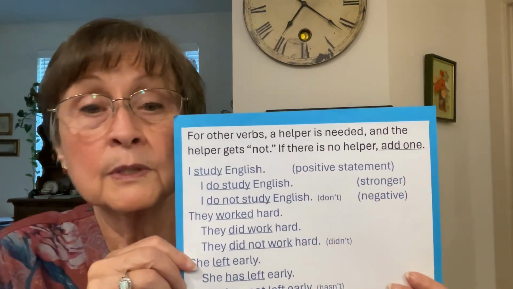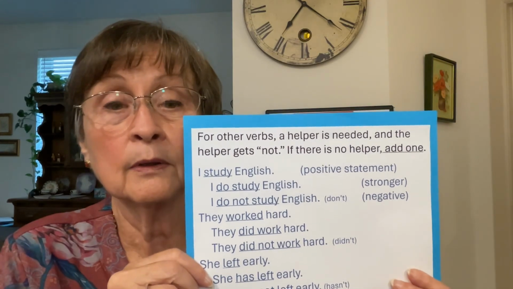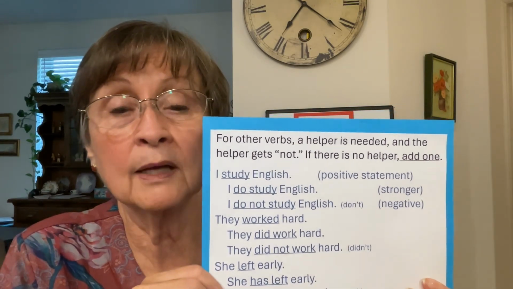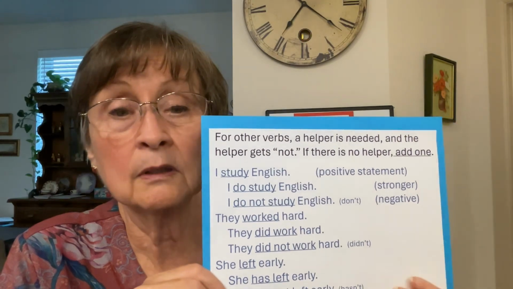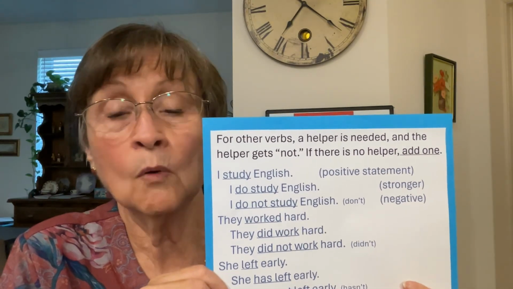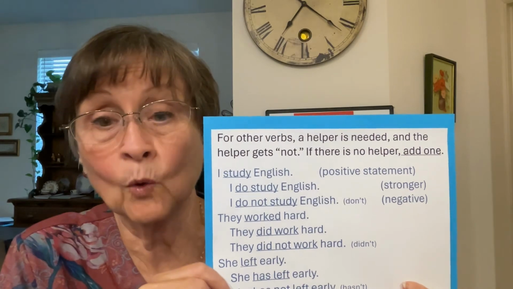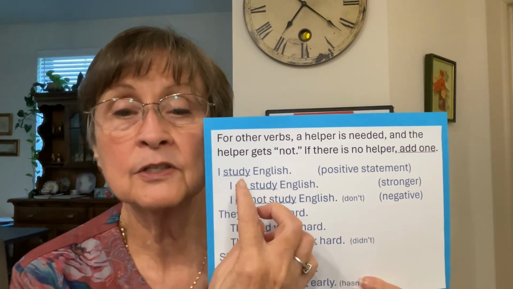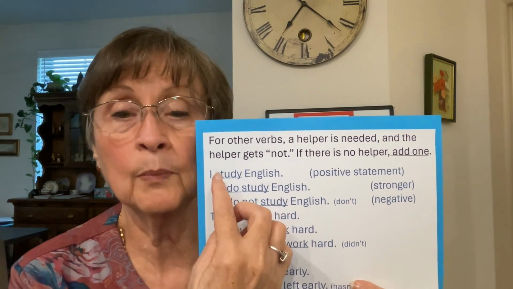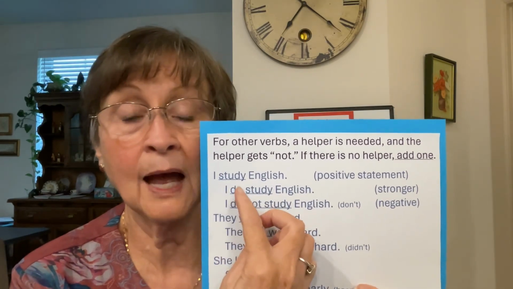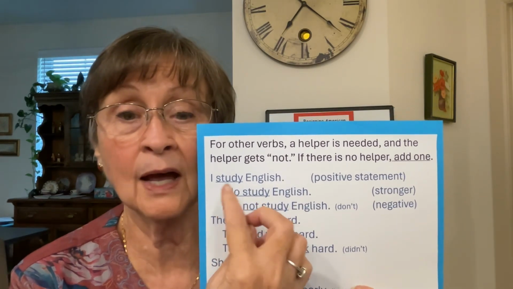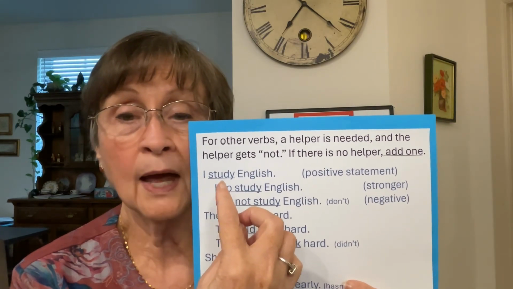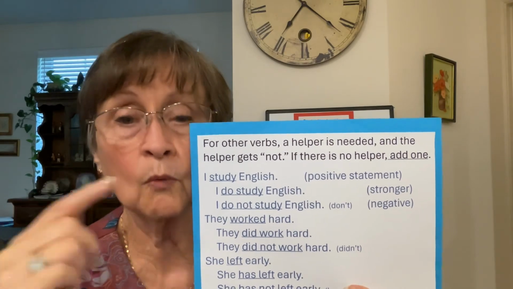For other verbs, a helper is needed, and the helper gets not. If there is no helper, add one. Now let's look at this sentence. I study English. There's no helper. I mean, I can't make a negative out of I study English because there's no helper. So to do that, I think of the stronger way to say it.